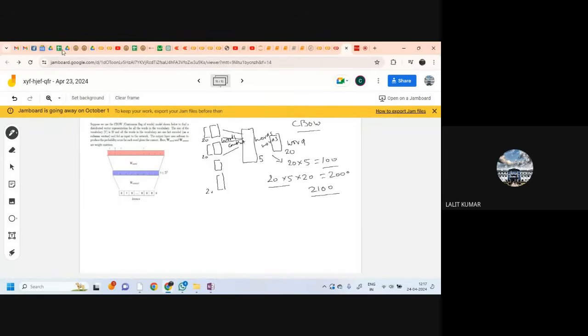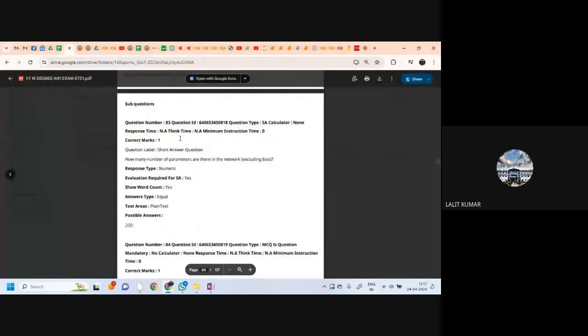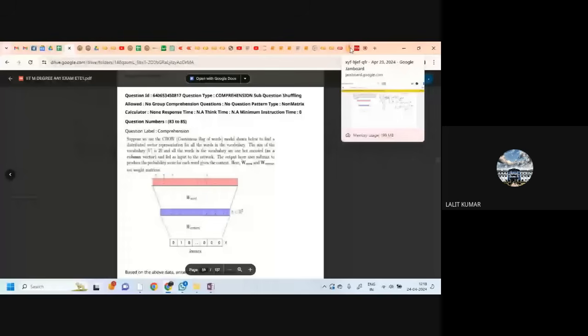Let's check what the answer is. It's 200. How many parameters are there in the network excluding bias? The size of the vocabulary is 20, all the vocabulary is one-hot encoded and fed as input to the network.